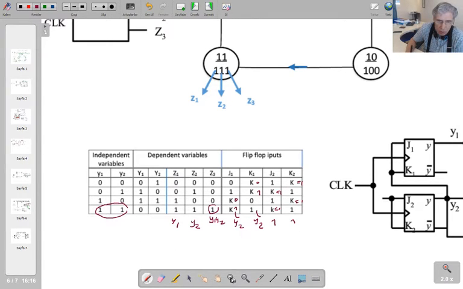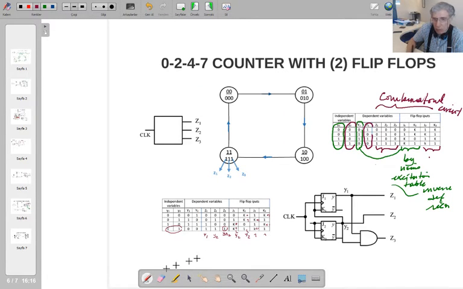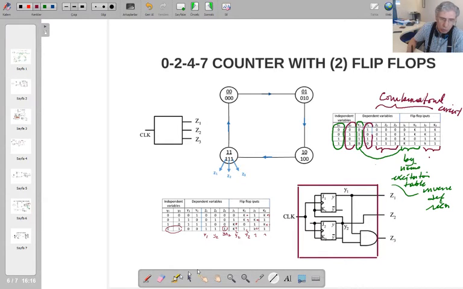So the circuit is this. I can put it in a box now. That's the clock input, and our output is Z1, Z2, Z3. At this output, I'm going to observe, when the clock pulse comes, 0, 2, 4, 7, and then 0.